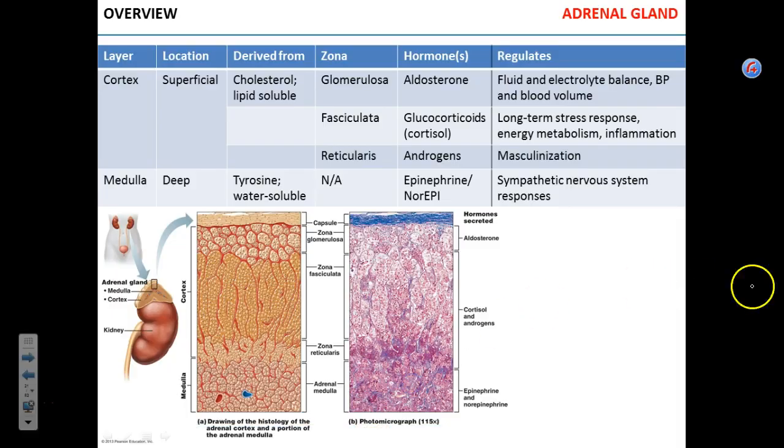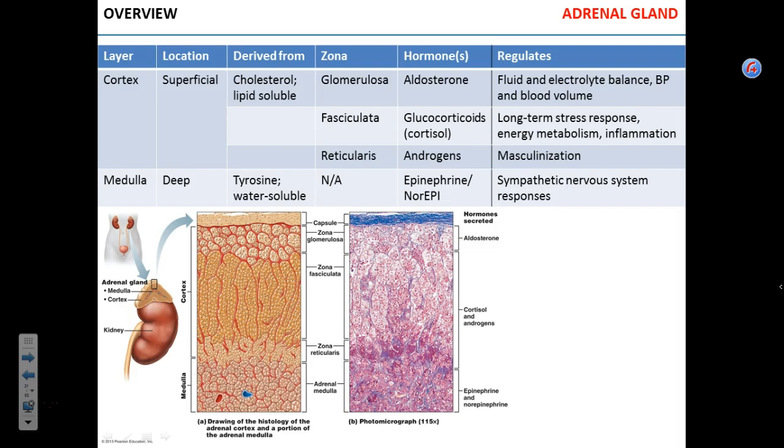Yeah, so we're going to talk about the adrenal gland. Renal, above the kidneys. Those two little things over here, right here, above the kidneys.